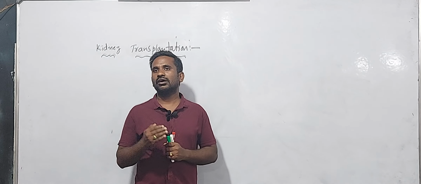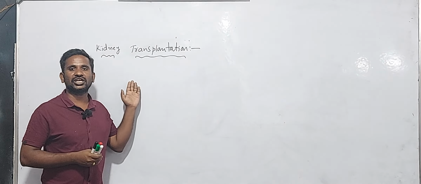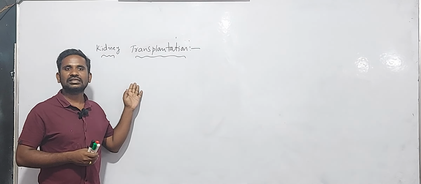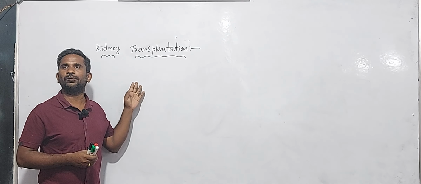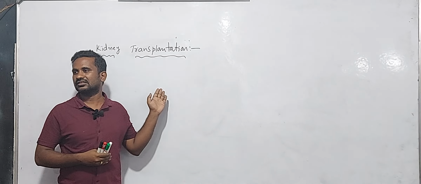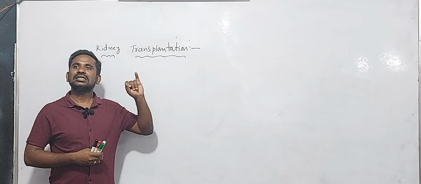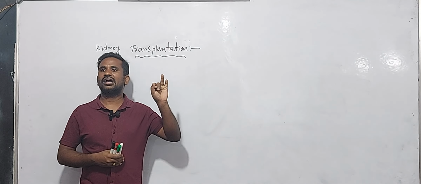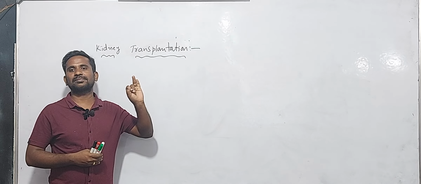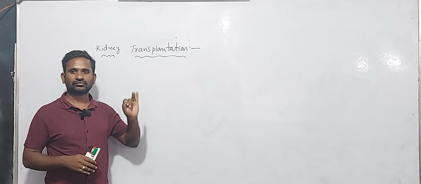So in kidney transplantation we can collect a kidney from relatives or suitable persons, brain dead persons or others. Do you understand? One is the dialysis process, another is kidney transplantation. Very important thing.